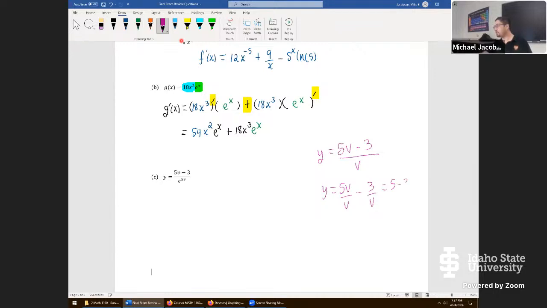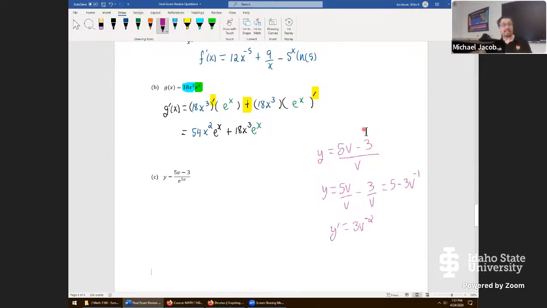This is 5 minus 3v to the power -1. So I did a cancellation on this first one, brought this exponent up into the numerator this way, and now suddenly it's not product rule, it's not quotient rule, it's just a sum and difference rule. So y prime in this land will give us a 0 here, then a positive 3v to the power of -2. So watch out for these kinds of exercises.